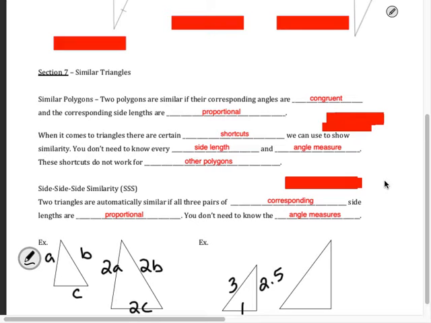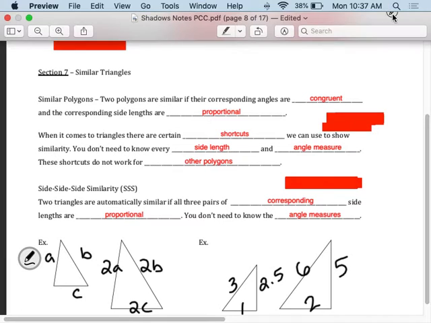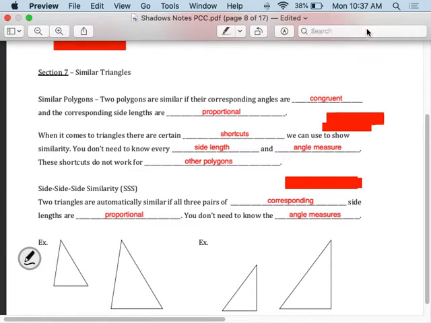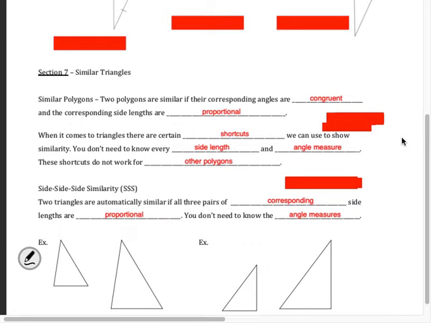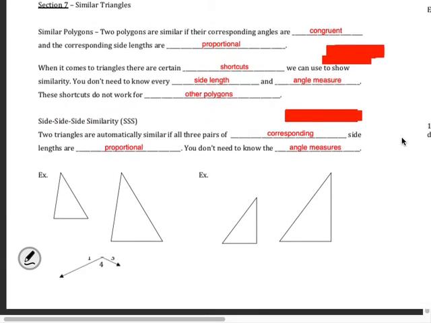If I took those times 2, I could have 6, 5, and 2. Okay, so those sides are not congruent, but those side lengths are proportional, with a scale factor of times 2. Next example.